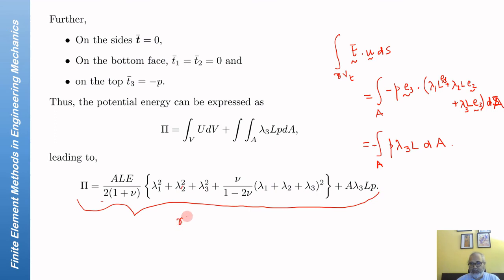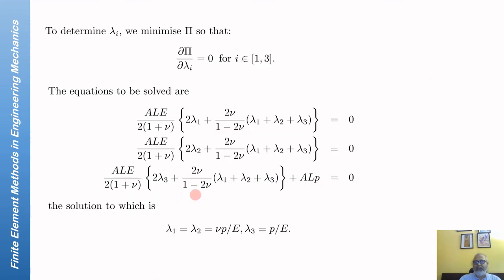So now I'll do del pi del lambda I equal to 0 for I equal to 1 to 3. I'll get three equations. I can solve those three equations for lambda 1, lambda 2, lambda 3, and that is what I'll do. It's a tedious but doable process.